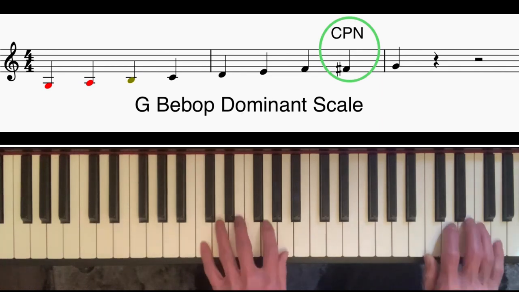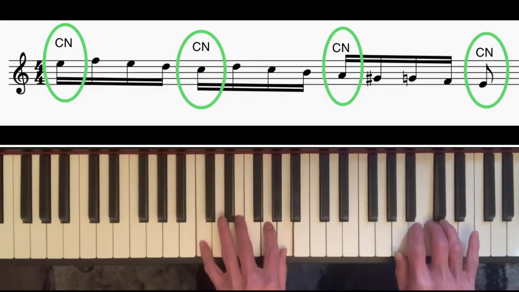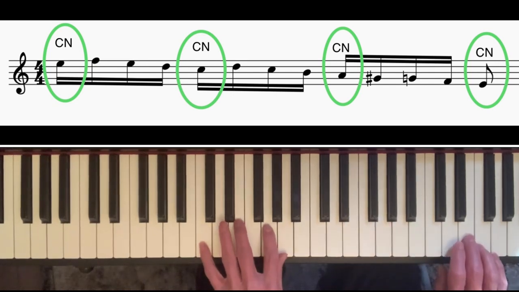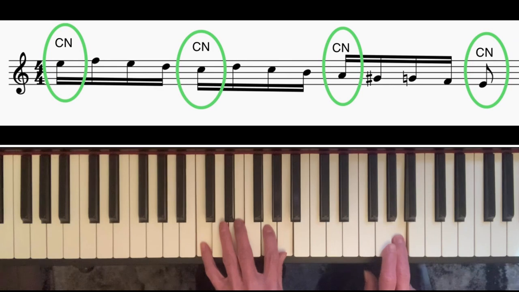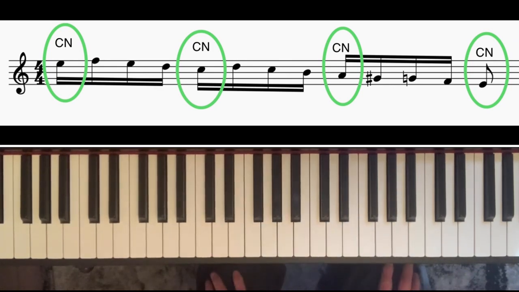So for instance, if I played a little passage, I started with beat 1, the 3rd of a C major chord. Beat 2, I went on to the root. On beat 3, the 6th, and in beat 4, I was on the 3rd. So every time you land on a chord note.